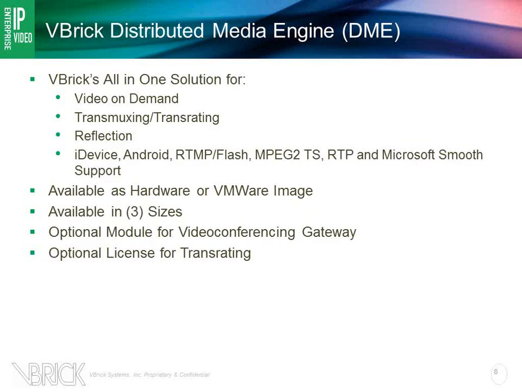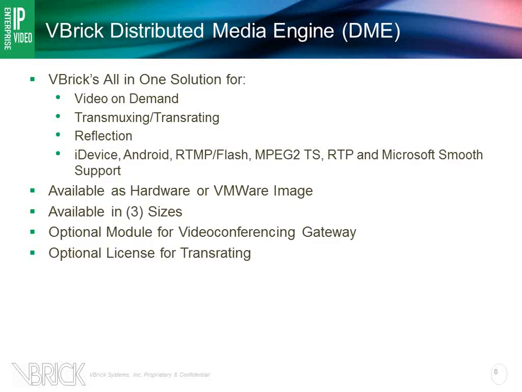So it's just a distribution mechanism that would allow you to distribute content much more effectively than what the other providers are doing today. It also gives us the ability to support iDevices, the Android phones, the flash players, MPEG-2 transport stream, which is important for a lot of the other manufacturers.